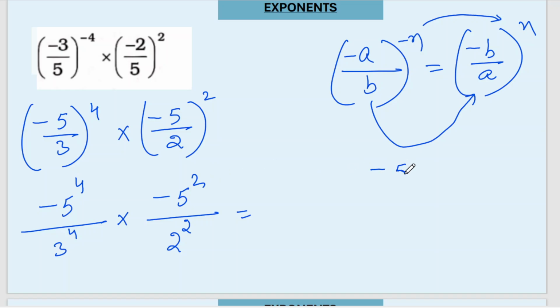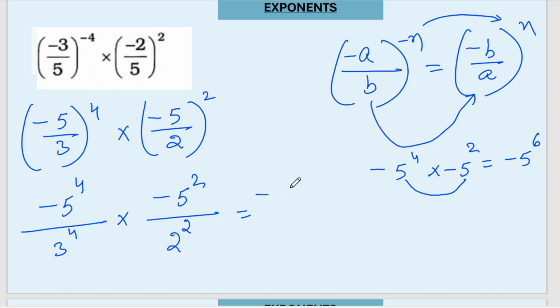So we can see the same base. When we have the same base, the powers get added. So it is minus 5 to the power 6. Okay? Now, what is minus 5 to the power 6?